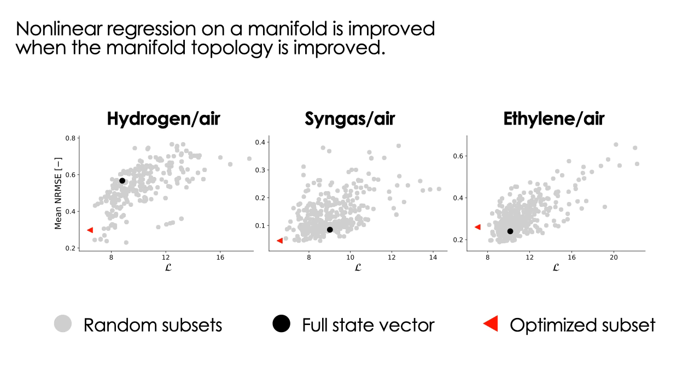So you can see that generally, lower costs result in lower regression errors. You can also see that the cost for the optimized subset is smaller than the cost for the full state vector, and also smaller than any of the random subsets costs. And with the exception of ethylene, you can also see that regression errors are smaller for the optimized subset than for the full state vector.